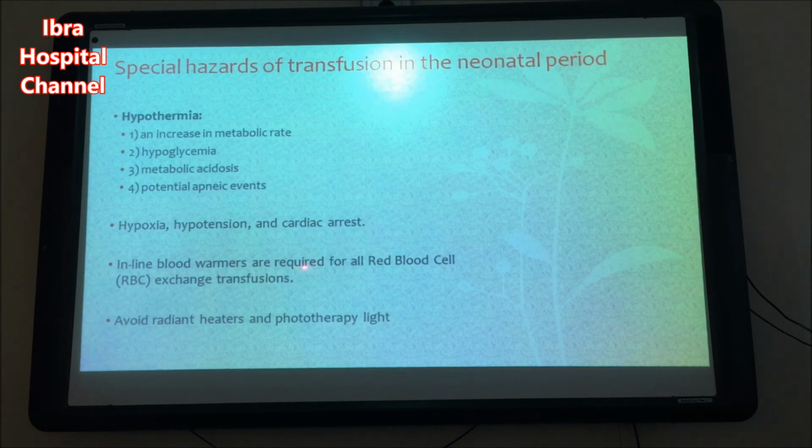So inline blood warmers are required for exchange transfusions because you are giving large volume, but avoid radiant heaters and phototherapy. These can cause hemolysis of the transfused red cells. Warmers are validated equipment that does not cause hemolysis in the red cells, and is used for giving large volume, like an exchange transfusion.